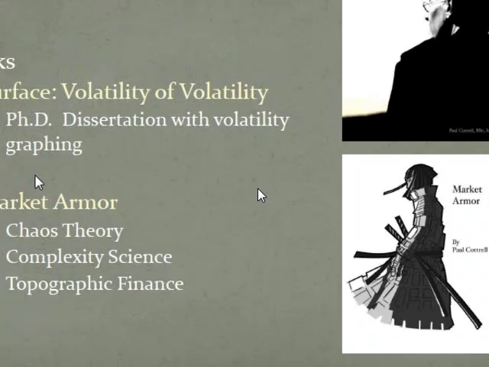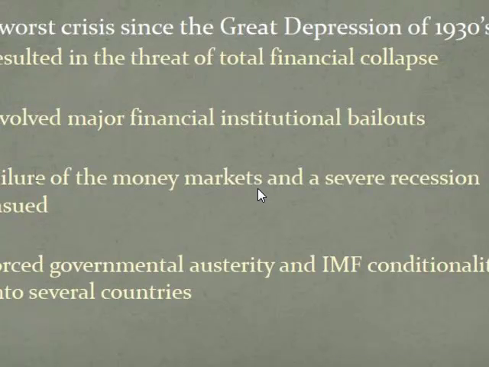So it's more of an undergrad level book, maybe second year or first year master's degree level. It's going to deal with chaos theory and complexity science and topographical finance, which is the topic of today.